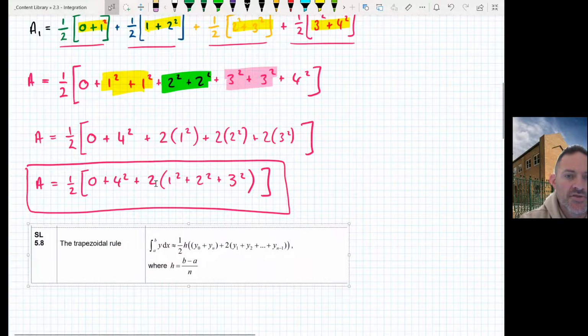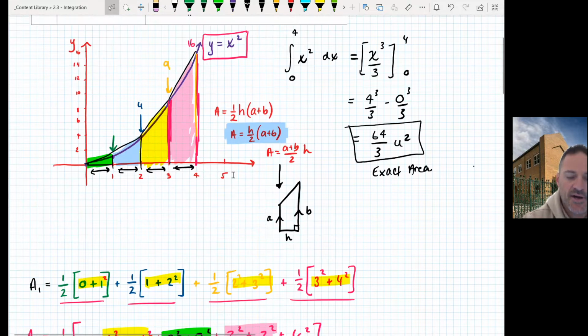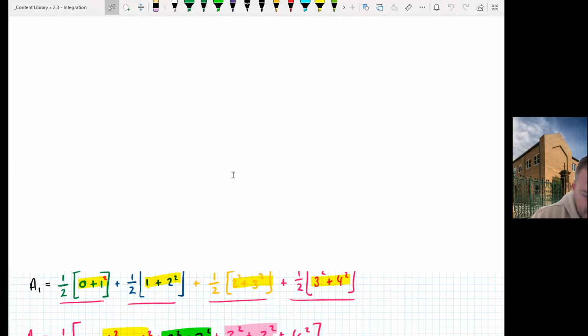And then we've got 2 times all those middle functions, 1 squared, 2 squared, 3 squared, because when I had my trapeziums, it looked something like this, didn't it? If I split them right out. Okay, so you can see I've got 2 of those middle terms every single time.